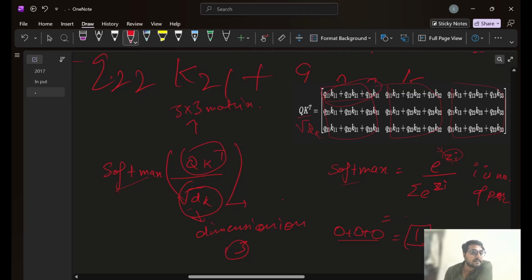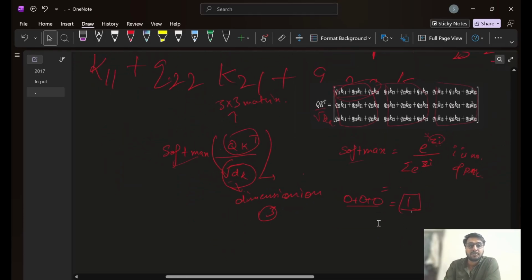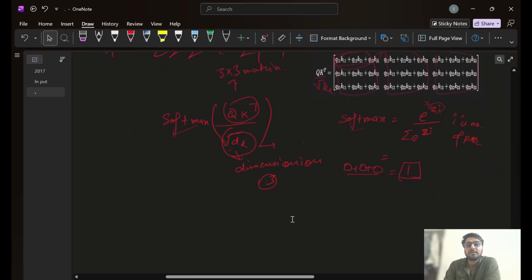And I'm saying that the output of softmax is sharp, meaning values might be closer to 0 or closer to 1. That is not good for training our model.